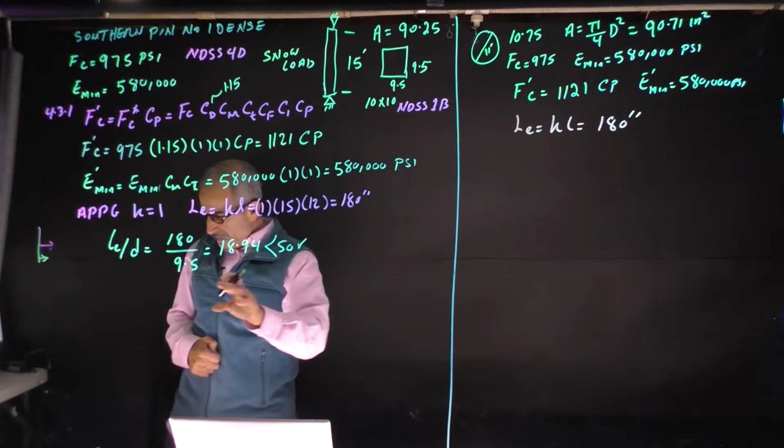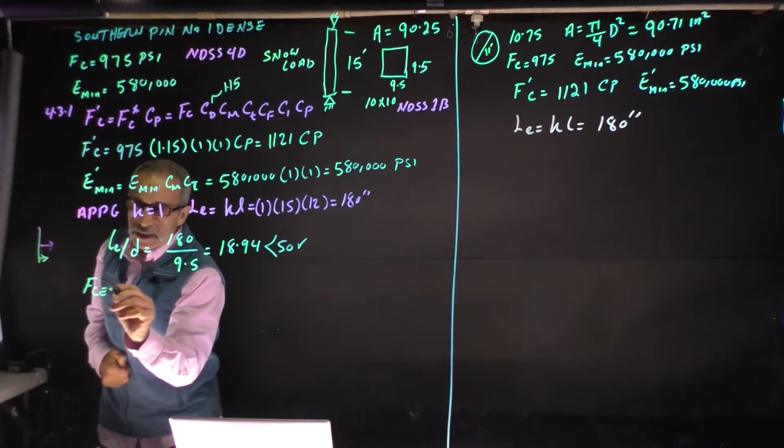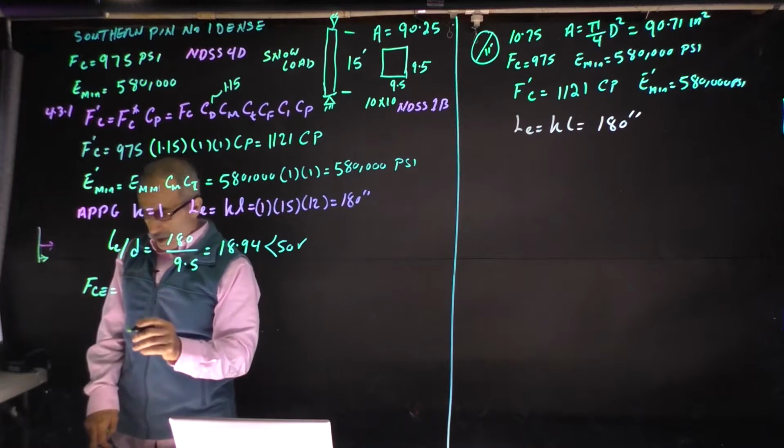Now we have this, we're going to find FcE, the critical buckling design value. Let me write that down.